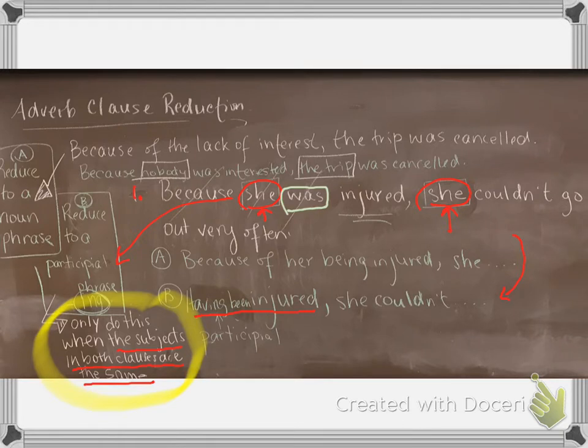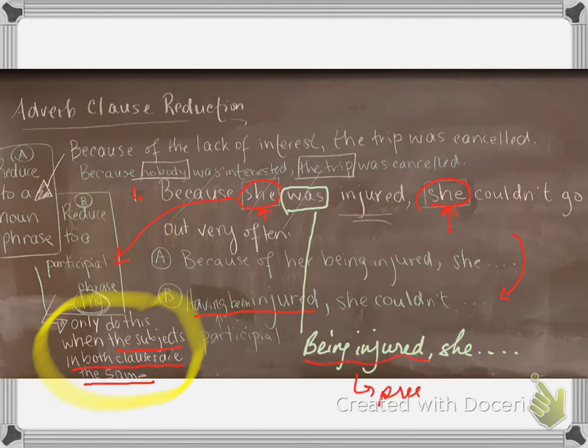If we reduced that just to a sentence that said being injured, she couldn't go out, this would mean that she's injured right now. This is present.